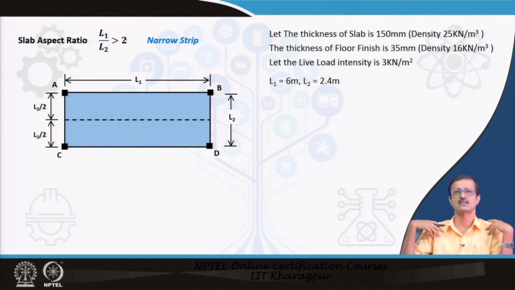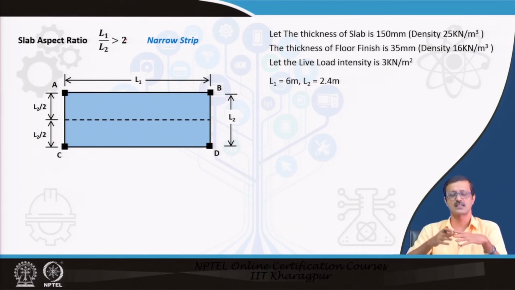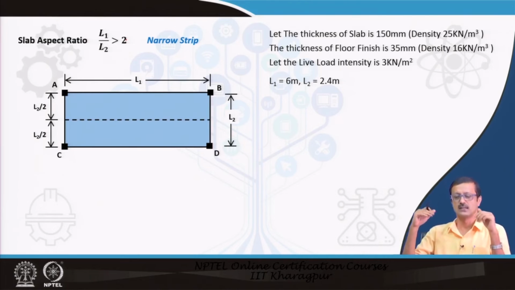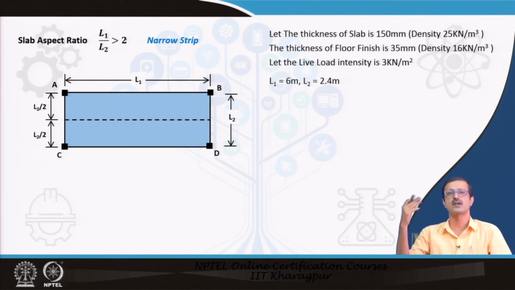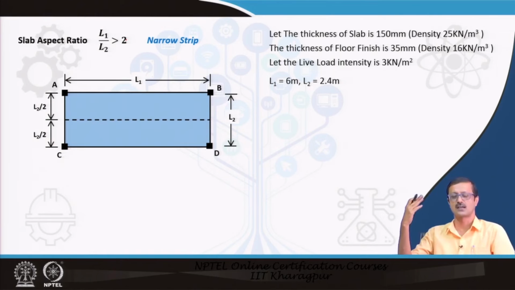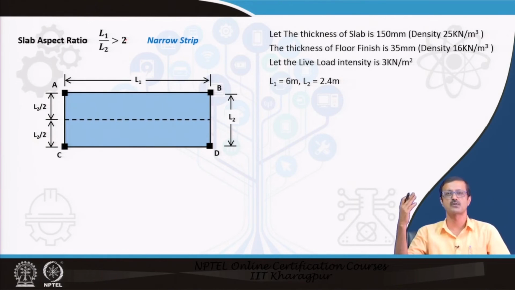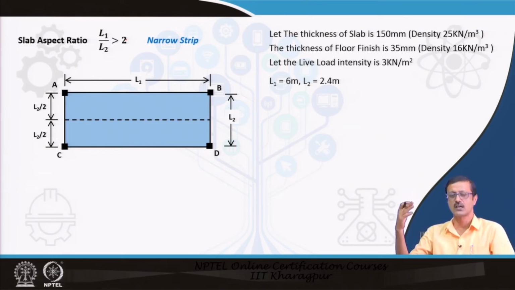So, there are about 6 people in a 1 meter by 1 meter area. That is the intensity of the live load. To visualize it, 1 kilonewton is almost 100 kg, so 3 kilonewton is 300 kg in a meter square.